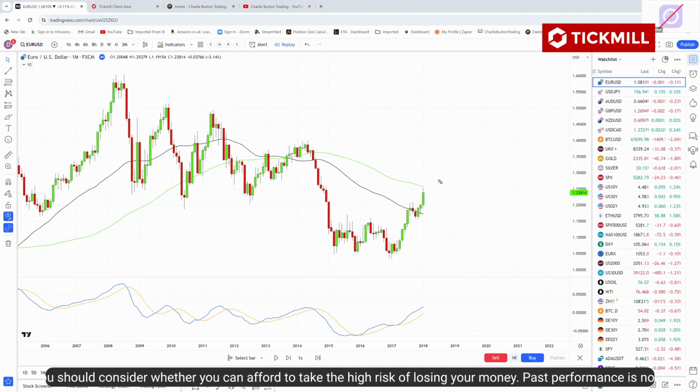So what I would do nowadays if I was mechanically trading this, even if I'm targeting the 100 up there, is when price does get to the 50, move the stop loss to break even at that point.